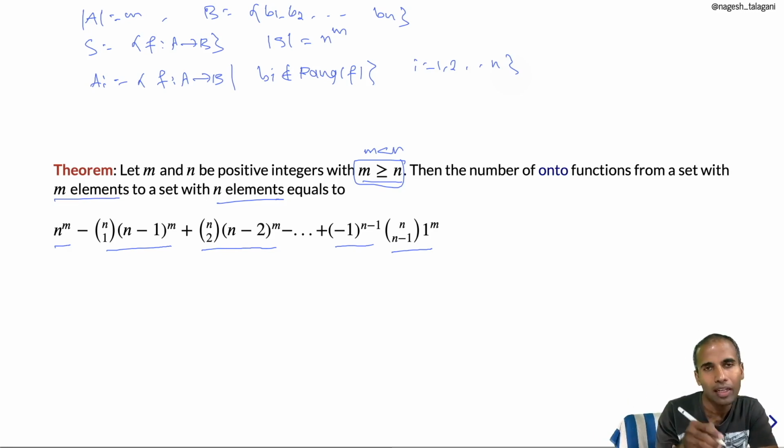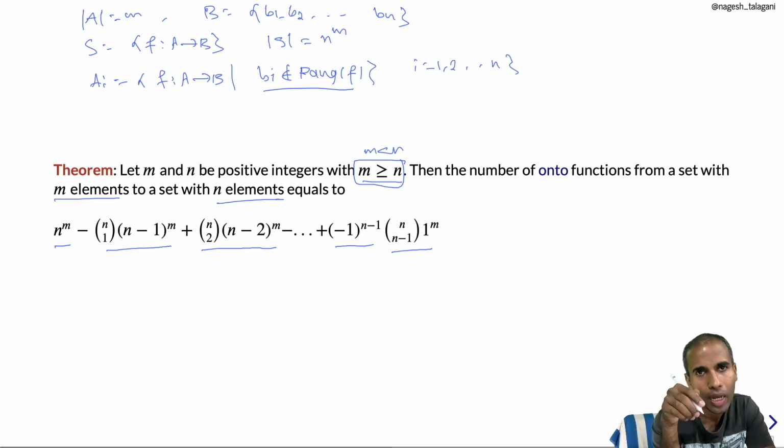Like that, Ai is all functions from A to B where nothing in the domain goes to Bi, that means Bi is not in the range of f. Such a function sits in Ai for i equal to 1 to n. But an onto function means nothing should be missing in the codomain. Everything in the codomain should be mapped by something in the domain. Such functions are called onto functions.